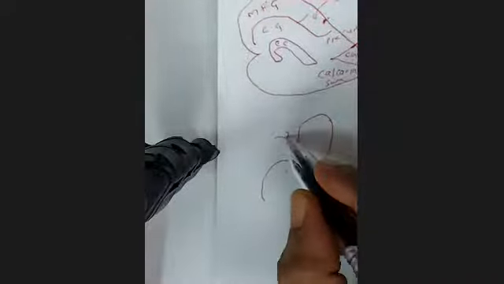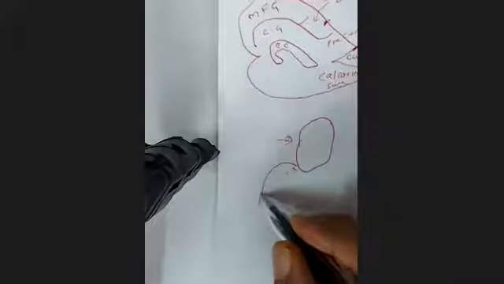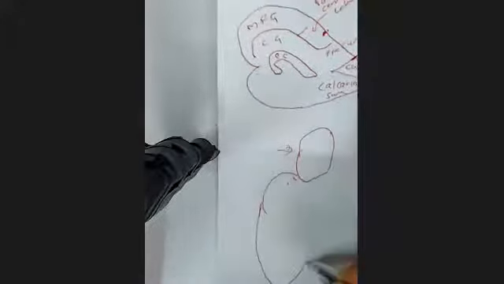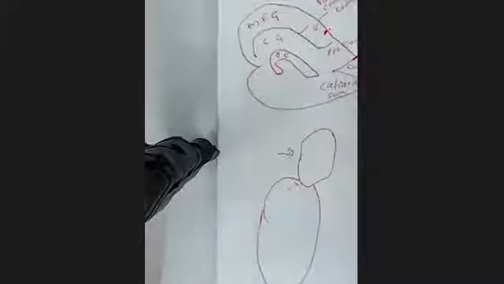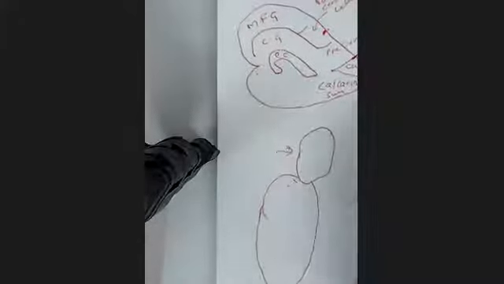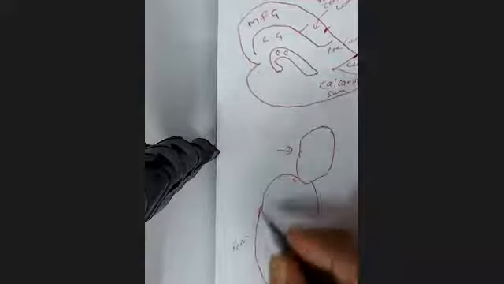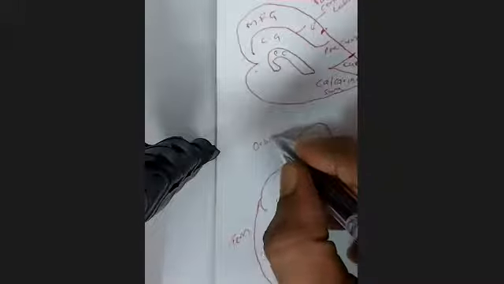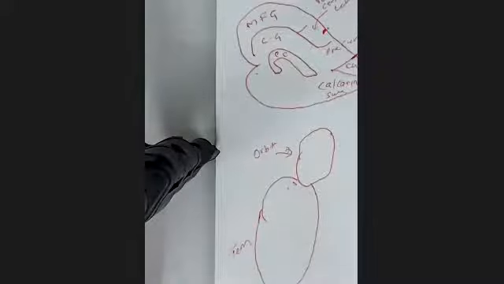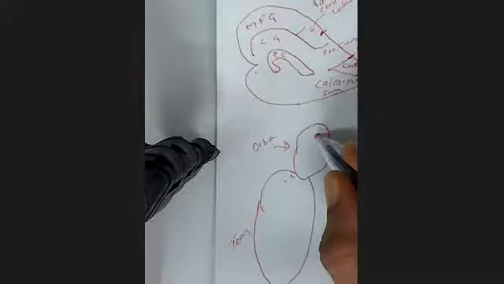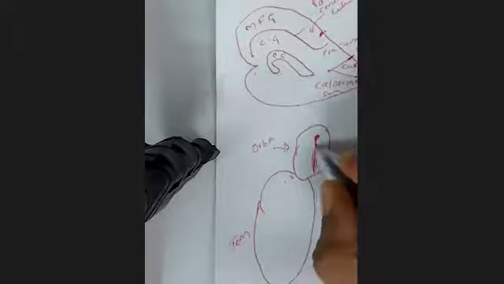This part is called orbital surface, and this part is called temporal surface. So this is temporal and this is orbital. Here is optic bulb and optic tract.